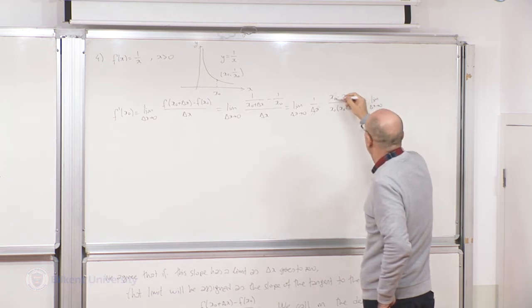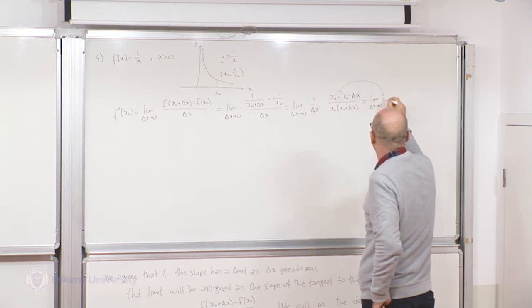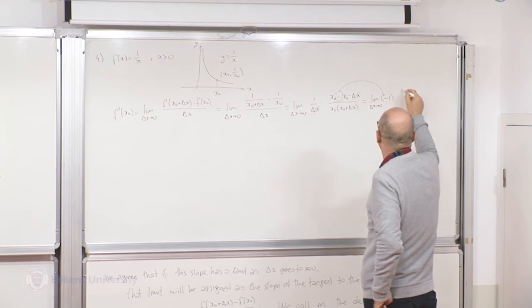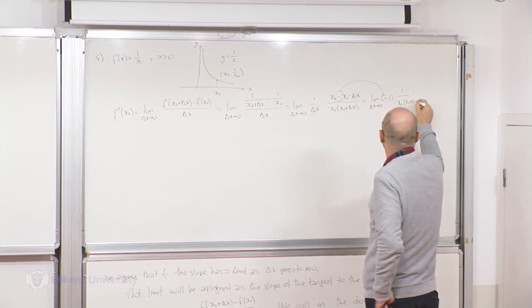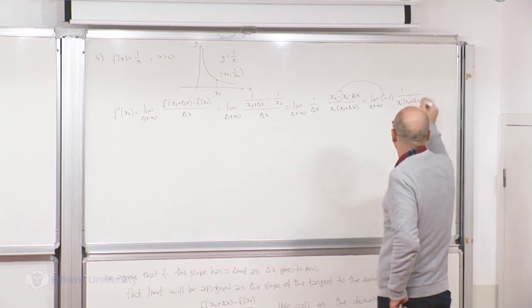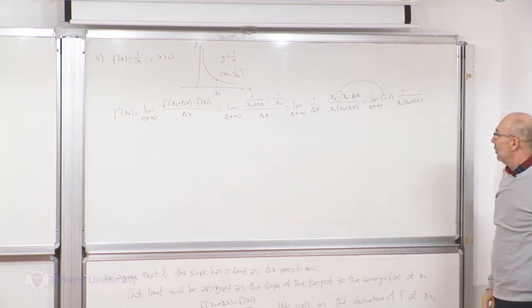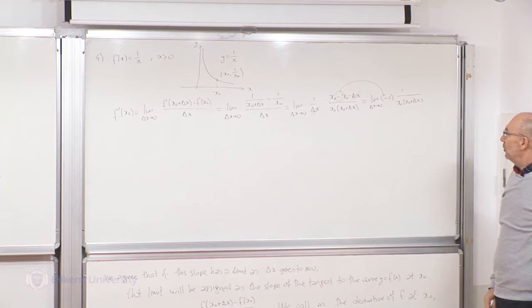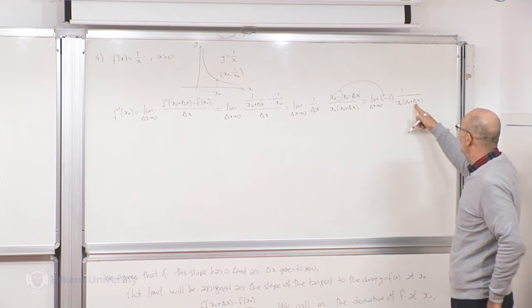I have this minus, so let's say minus 1 times 1 over x sub 0 times x sub 0 plus delta x. Okay? This is a rational function of delta x. I put delta x equals 0. I get a number. So that's the limit. Okay? If I didn't get a number, then I would try some other things. So you put delta x here.